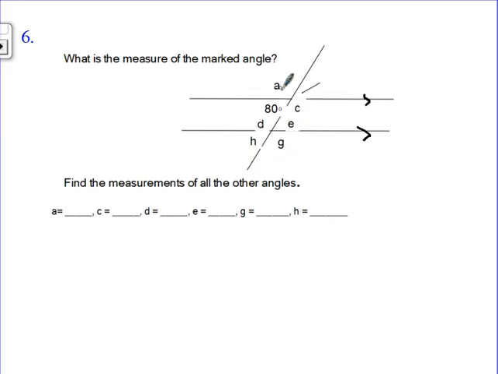You could also say that A is congruent to G by alternate exterior angles. You could have gone from A to D to G. You could have gone from A to C to D because they're alternate interior angles. It doesn't really matter. But all of those angles, A, C, G, and D, would all be 100 degrees.